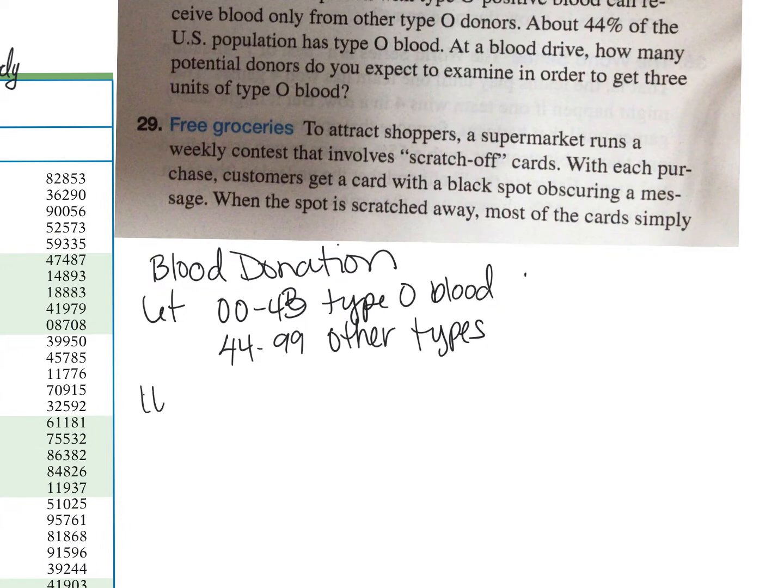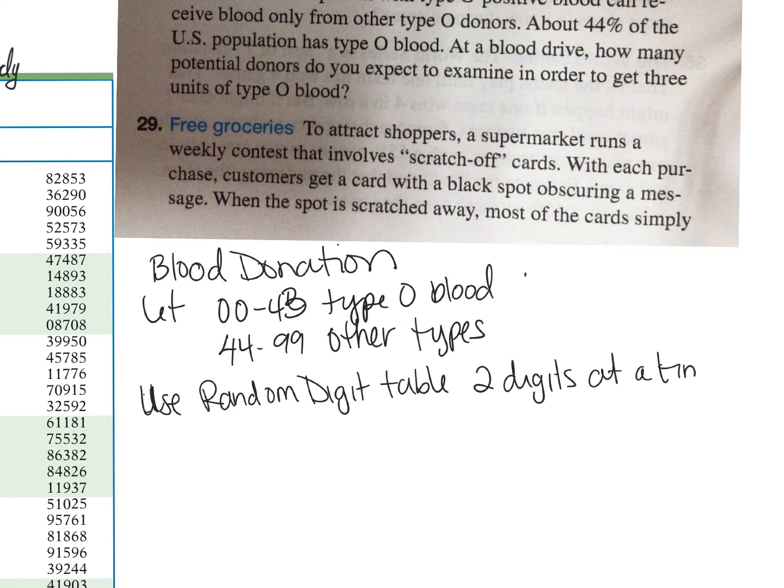So we're going to use a random digit table, 2 digits at a time, until 3 type O pints are gathered.